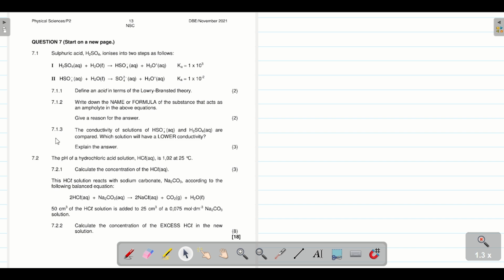In 7.1.3, they state that the conductivity of solutions of HSO4 minus and H2SO4 aqueous are compared. Which solution will have a lower conductivity? Explain the answer. Now, conductivity is the flow of electrons.